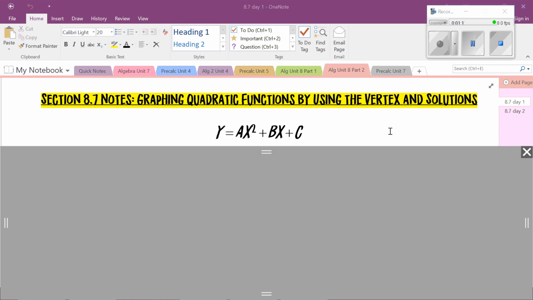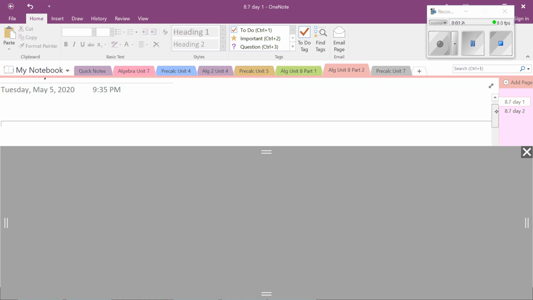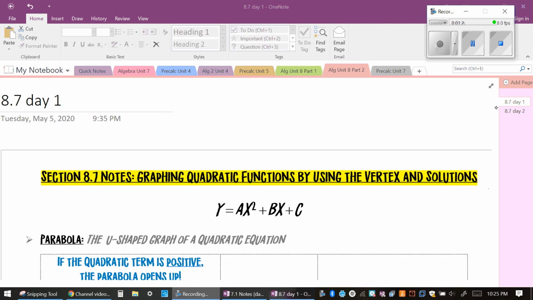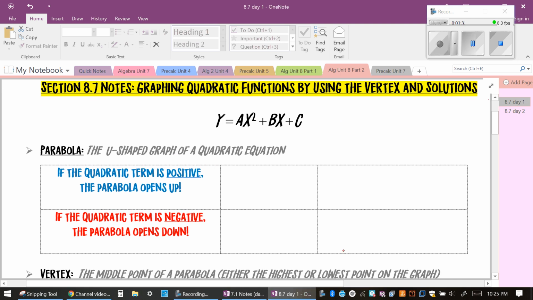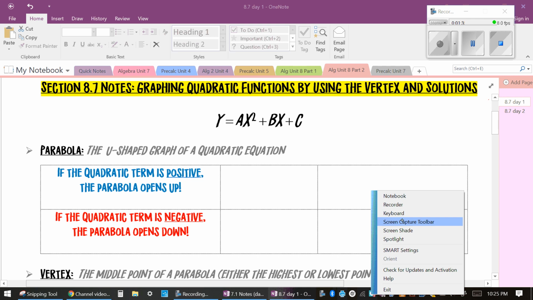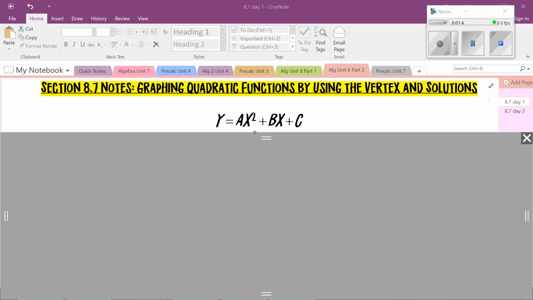It has to be quadratic, so the quadratic term has to be there, but the linear term can be missing, or the constant term could be missing. So that's standard form, ax squared plus bx plus c again.